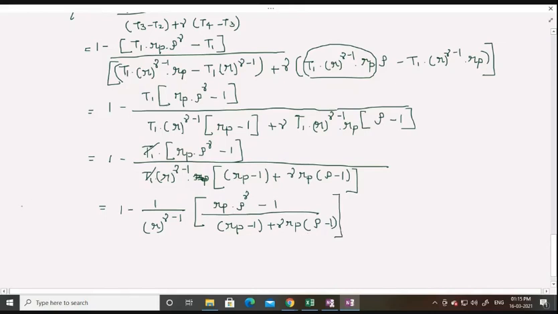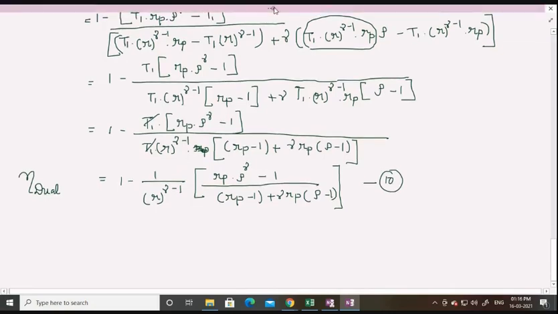So this is the efficiency of the dual cycle in terms of compression ratio, pressure ratio, and cutoff ratio. This is equation number 10.